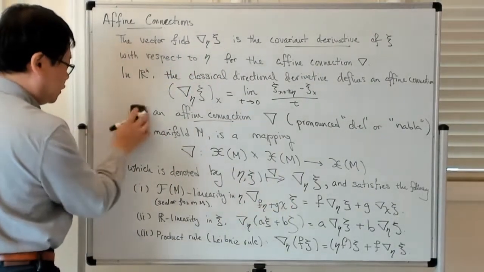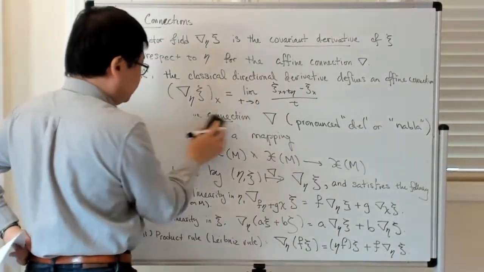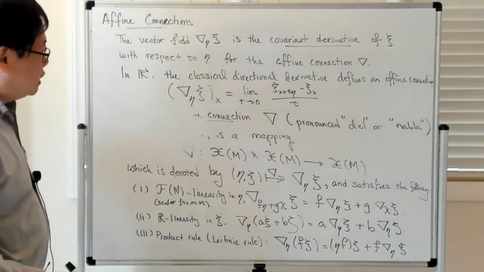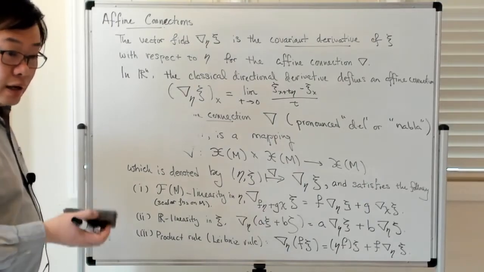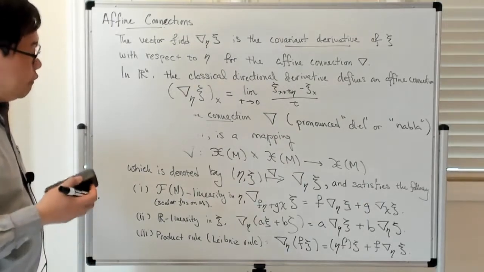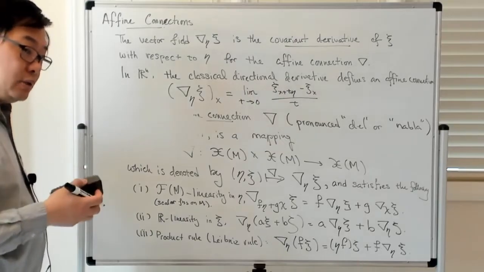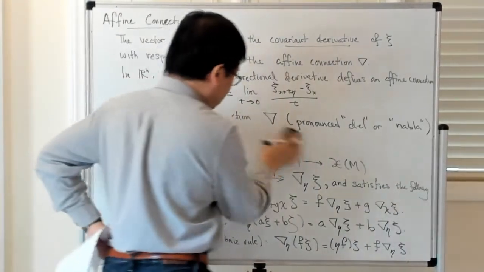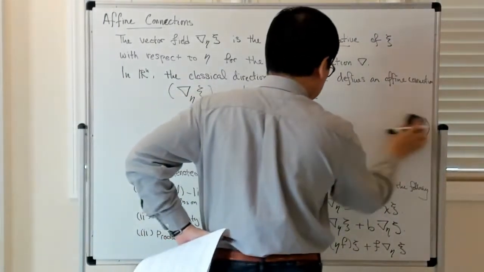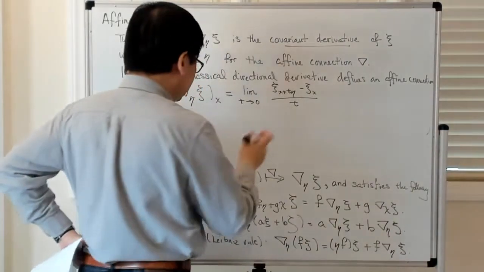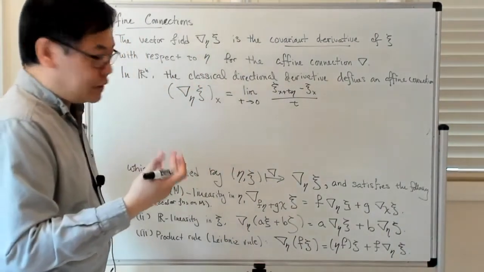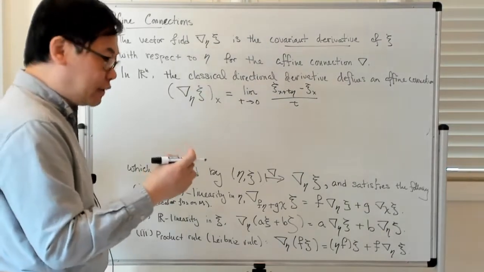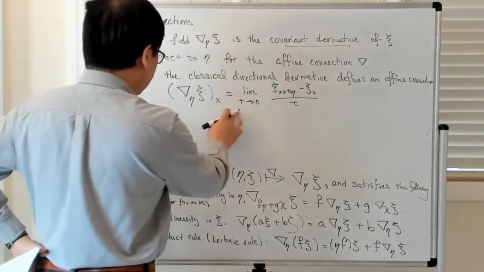If you're paying attention, you'll realize that when I take x plus t times eta, I have to use this canonical identification which we have in vector spaces between the tangent space to the vector space and the space itself. In vector spaces, we tend to blur the distinction between a point in R^n and the tangent vector to R^n, and we identify them in a canonical way.